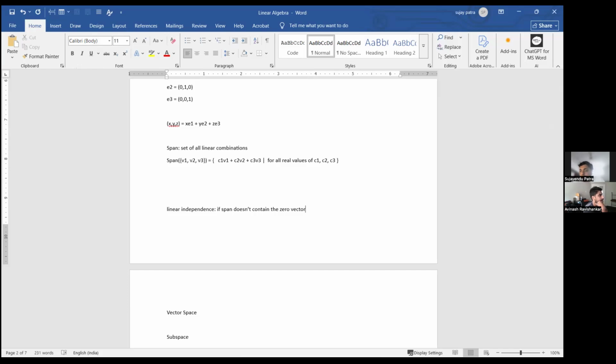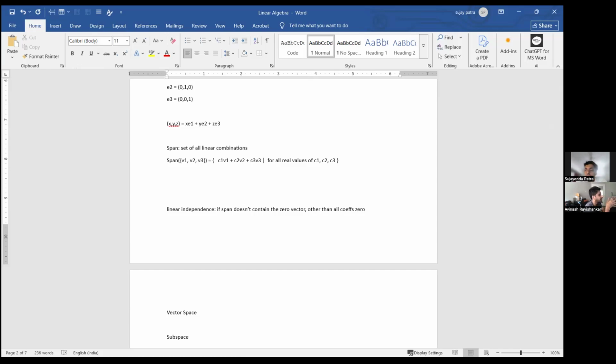But then can't you just multiply them all by 0 to get the 0 vector? Yes, other than that, so I should add that caveat: other than all coefficients being 0.